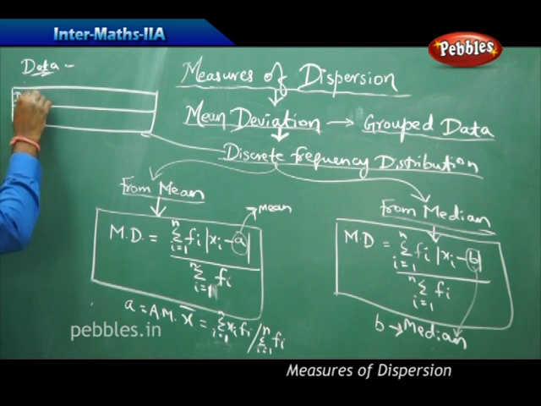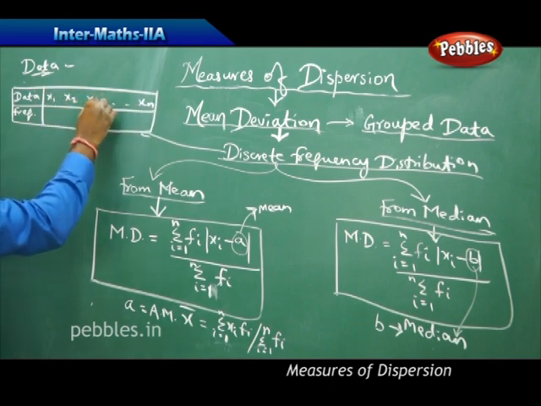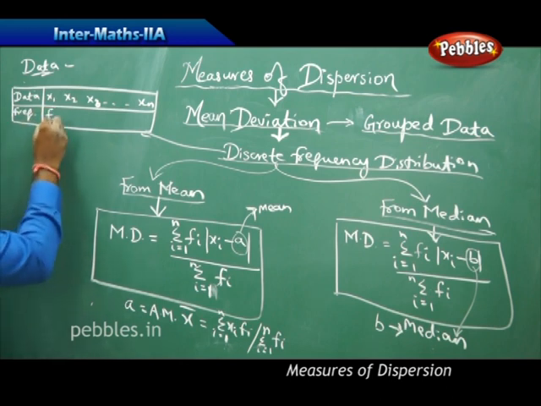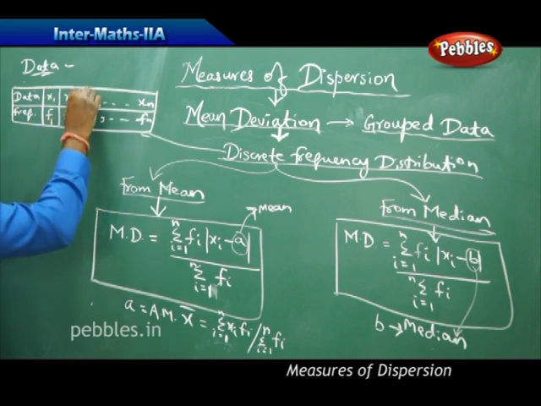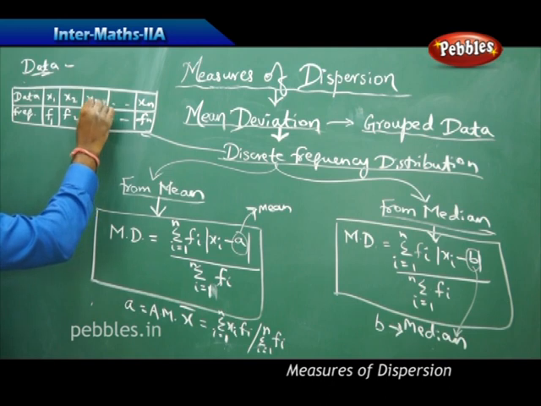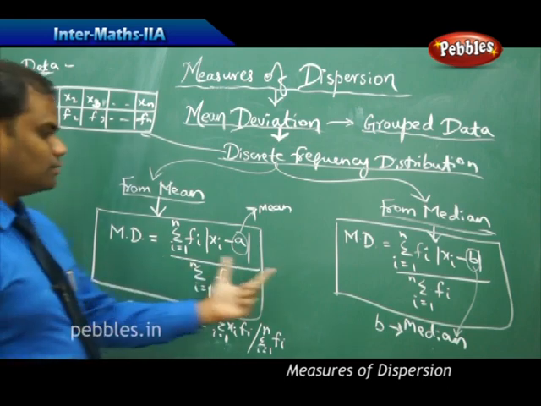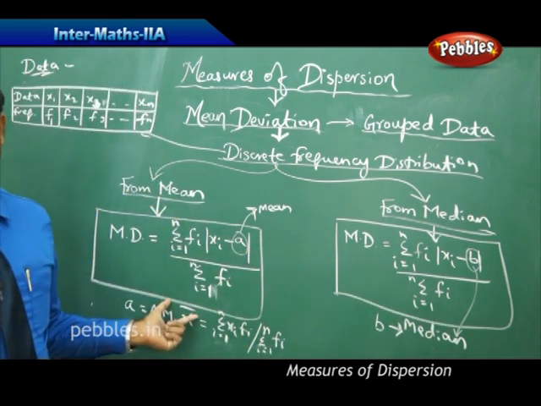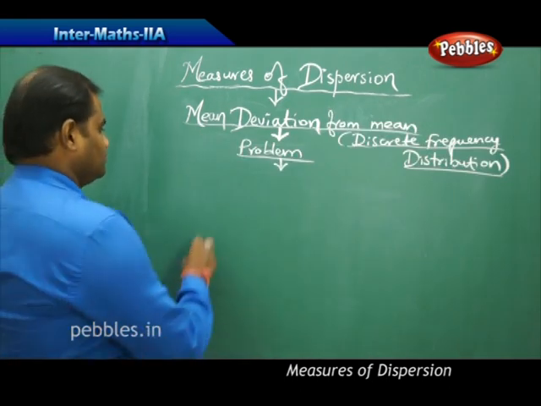Usually the data and the frequency come as x1, x2, x3, and so on till xn, and my frequency comes as f1, f2, f3 till fn respectively for each of these scores. This is how we have discrete frequency distribution with data and the respective frequency, where we use the mean deviation formula as given here. So let's do one problem to understand this concept better. Let's take an example problem.